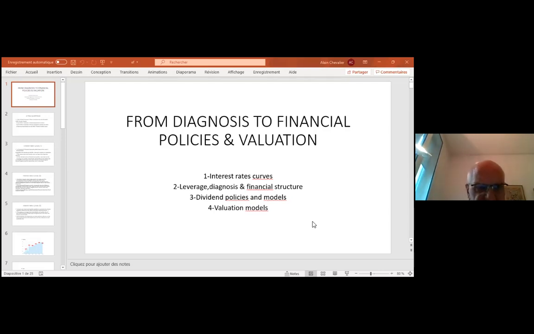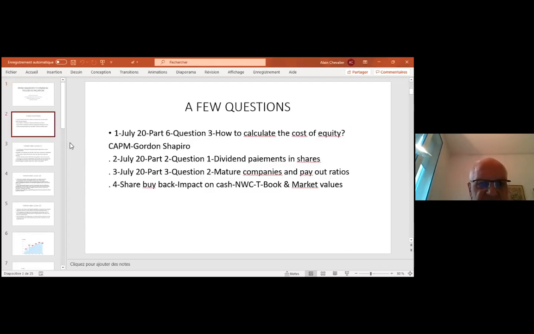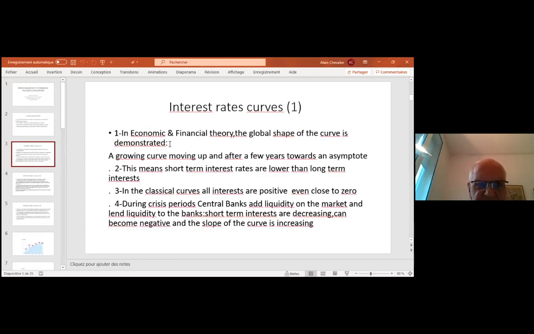So first, let's have a look at point 1, which is on interest rate curves. We already said that, but I think it's useful to underline this point again.